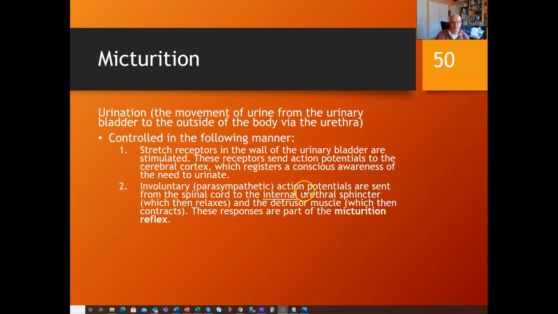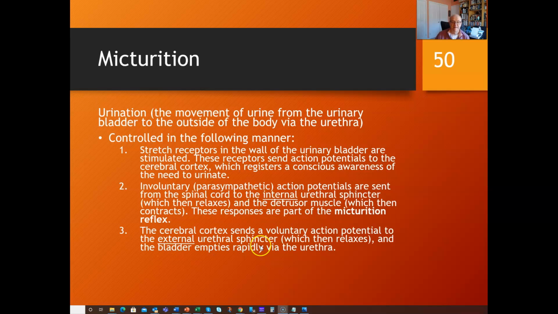And then we get an involuntary action, which we don't control, that relaxes the internal urethral sphincter muscle and the detrusor muscle, which starts to contract. So there's even more pressure on you to go and have a pee. Eventually you go, well, I better have a pee now. And you go to the bathroom and you release your external urethral sphincter muscle and the pee comes out.